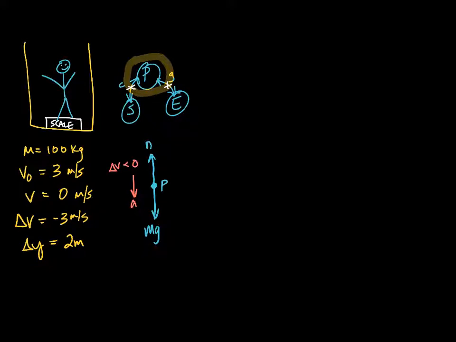And so when I go to sum forces, the sum of forces will be the normal force, which is upward, minus the weight force, or mg, downward. And the sum of forces has to equal, let me go back here and change colors. So here is the sum of forces, N minus mg. And according to Newton's second law, that always has to equal ma.